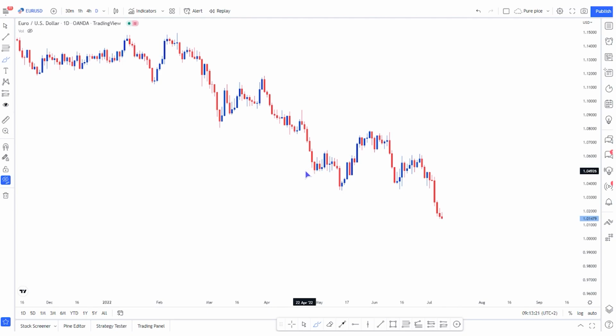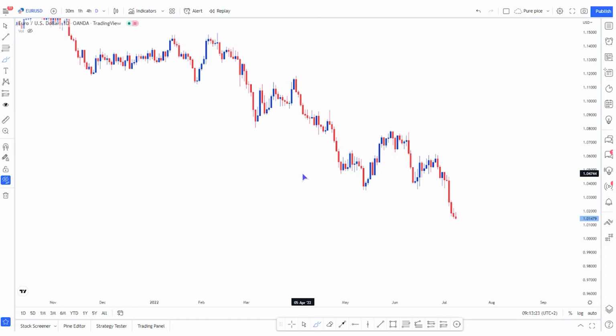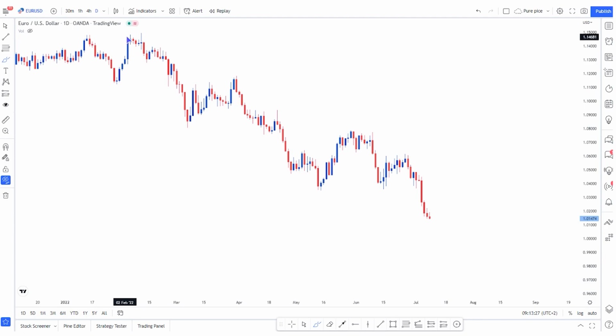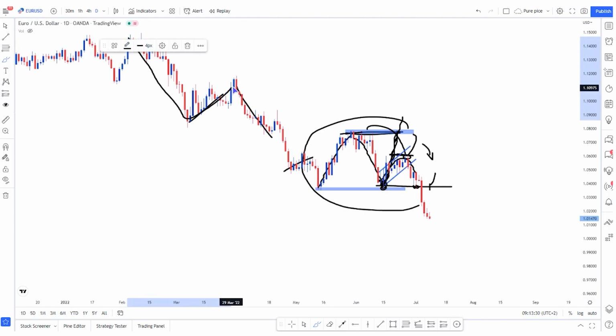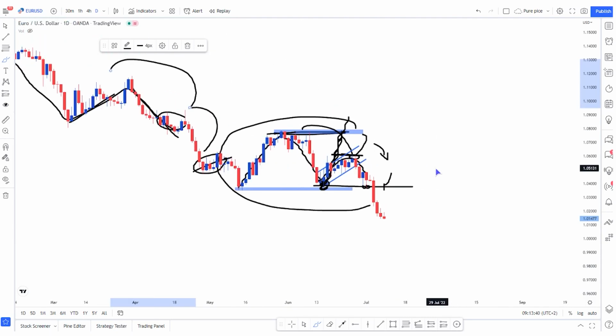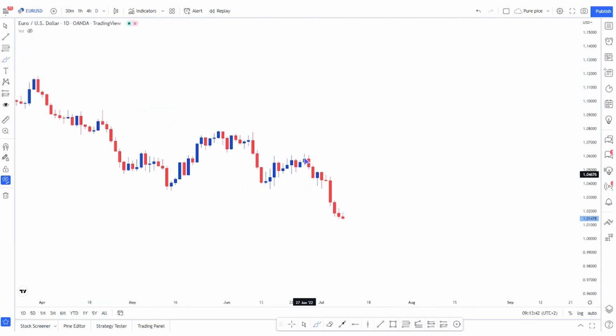There will be some areas where an impulsive wave itself faces some struggles. For example here, if I start from there, you can see it's an impulsive and then a corrective, an impulsive and then a little bit of a struggle. But these little holdbacks don't necessarily mean that it's over with the sellers. And the same thing applies here. It didn't mean that it was over with the sellers.